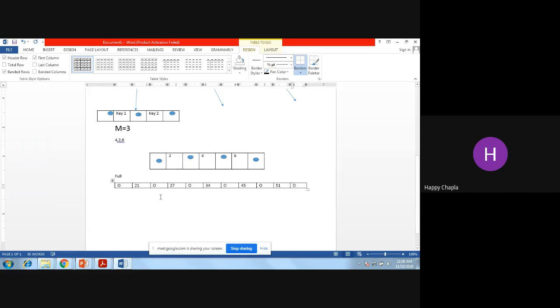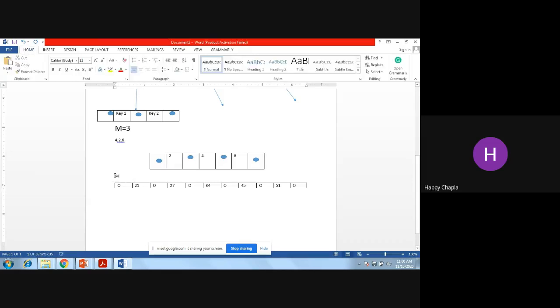That means in the same node I can store only 4 key values maximum, m equals 5. So maximum you can store 4 key values, minimum you can store 3, 5 divided by 2, that is 2.5 and the ceiling value.